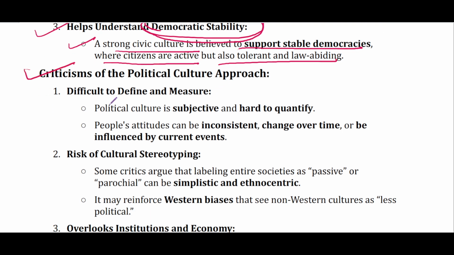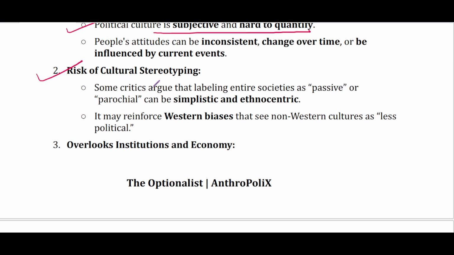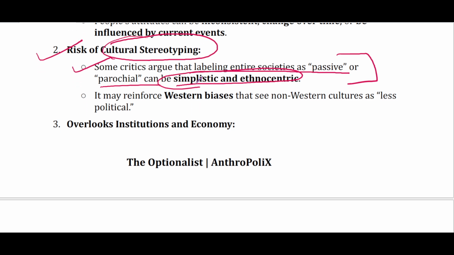Now, the criticism of this approach. First, the political culture thing is subjective and hard to quantify. Then, some critics say it may label entire societies as passive or parochial, and such generalization is simplistic and ethnocentric. Such labeling can further cultural stereotyping.